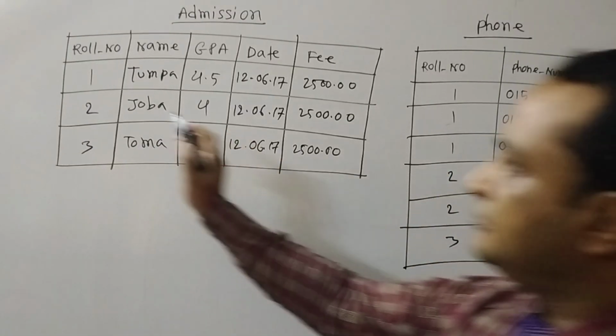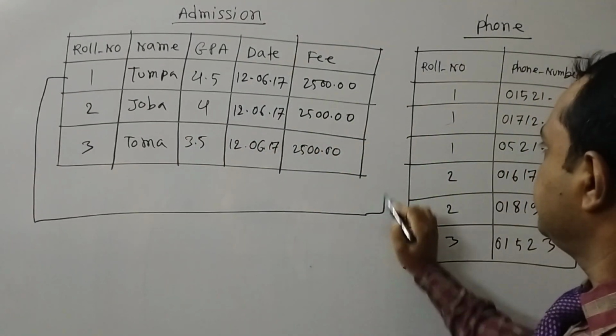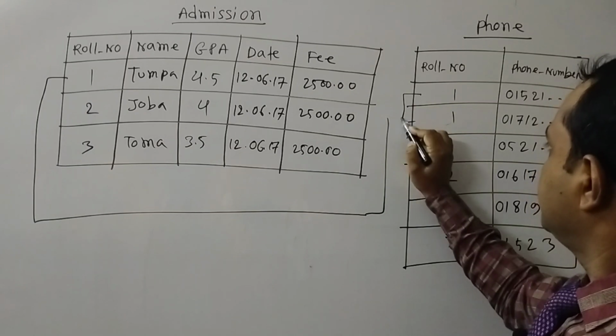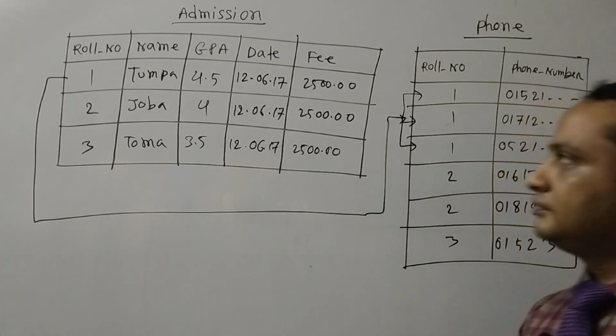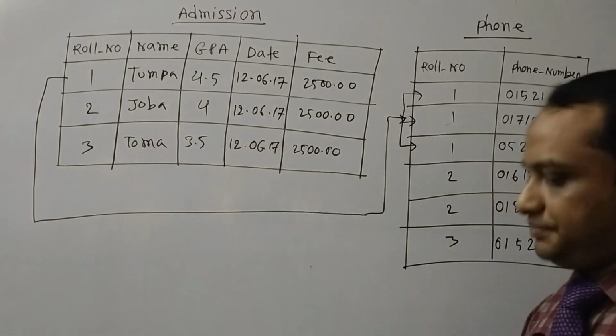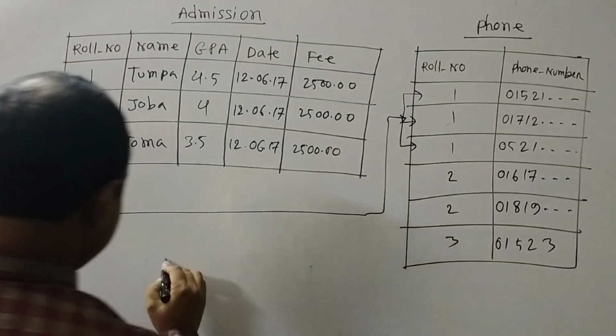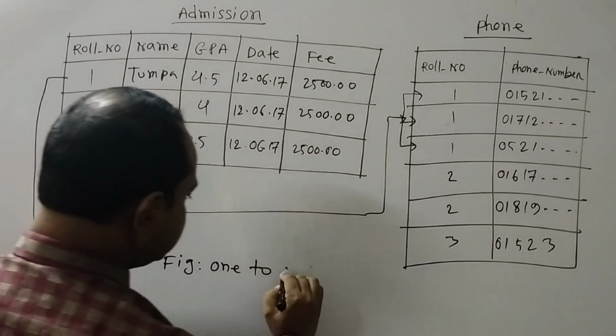And you have to draw the relationship this way. This record is related with these 3 records. So this is the relationship and you have to write 1 to many.